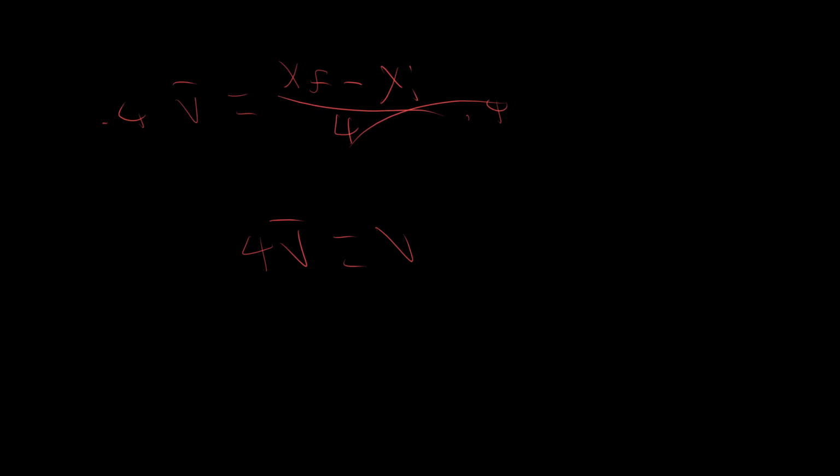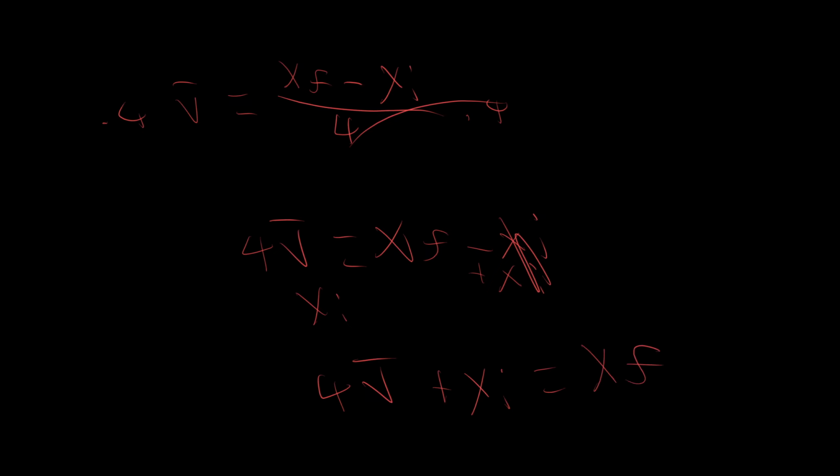So we get 4 times v equals x final minus x initial, and we can use algebra to add our initial position. So we get 4 times the average velocity plus the initial position equals the final position.